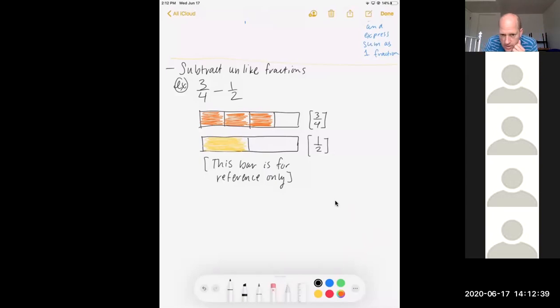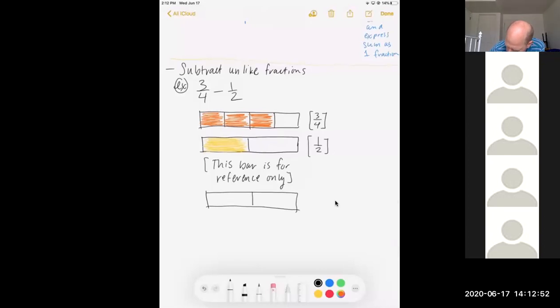All right, so I need to take away this amount. And so I'm going to redraw this amount into the denominator that is depicted in the first bar. So I can subdivide each one of my halves in half to get to fourths. So that makes this easier when I have unlike fractions where one is a factor of the other.